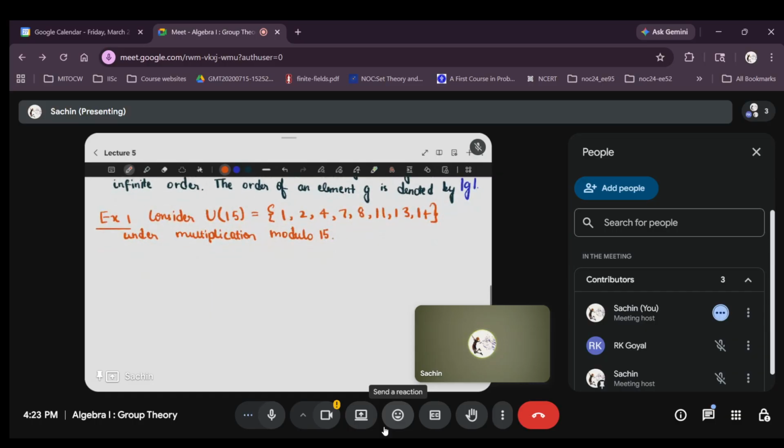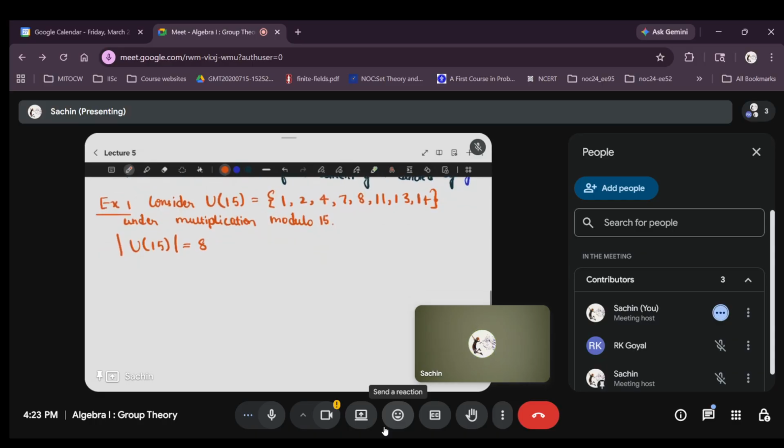Now the order of the group U of 15: there are 8 elements, so the order of the group is 8. The order of the identity is 1 always because 1 power 1 is simply 1. Similarly, in an additive group, 1 times 0 is simply 0, which is the identity.